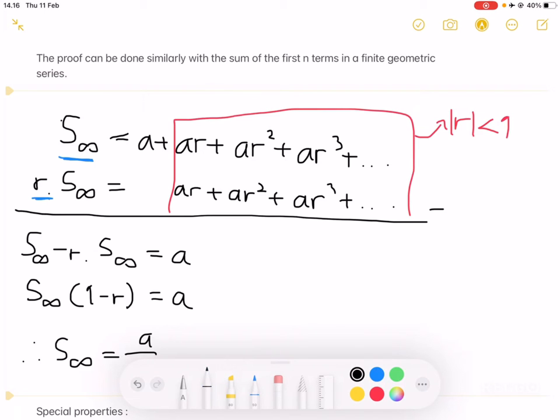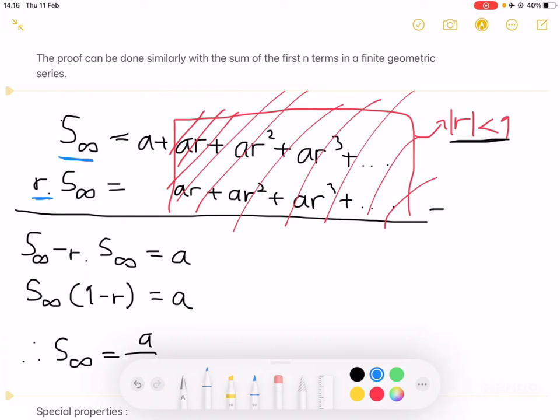And keep in mind, I've assumed that the absolute value of r is less than 1. So notice if we subtract this, all things boxed in red will cancel out. We're left with S of infinity minus r times S of infinity equals a. a is the only term left.